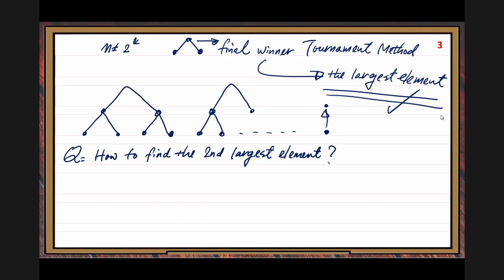That's obvious, right? So, in other words, the largest element has to beat the second largest directly. How about that? So we make this observation.